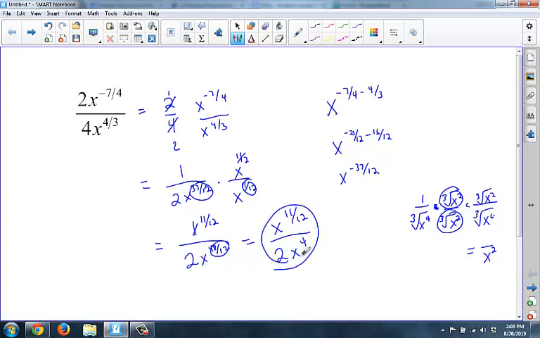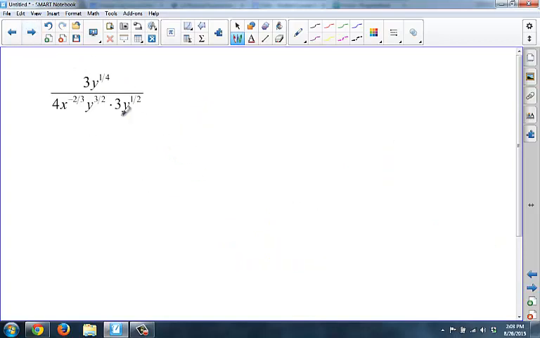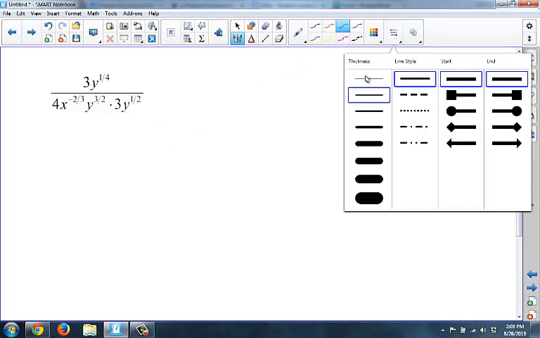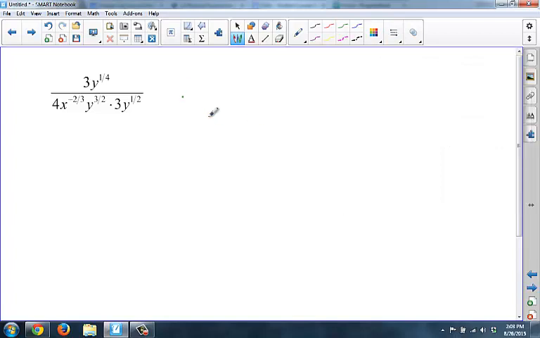It's kind of silly because we got an x on the top and x on the bottom, but at least we've done what they've asked us to, and we've gotten our simplified version. The other one that I want to look at can be kind of tricky, especially if you're not paying attention. What we do here is take all my numbers, which in this case is 3, 4 times 3.